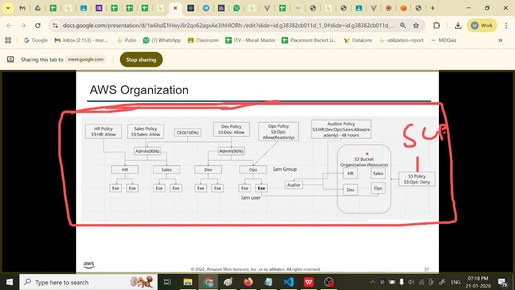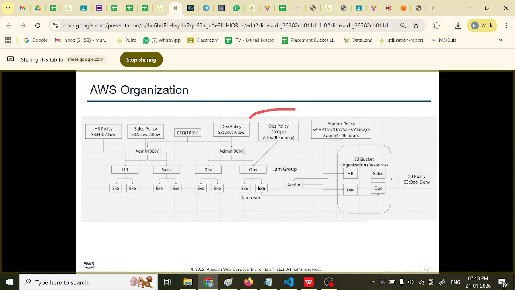That is, the S3 bucket has one more policy attached. You see, S3 ops, that is the ops team, cannot access. Access is denied. Now the ops policy is saying that ops is allowed. So allow is mentioned in the IAM policy, and in the service control policy, the S3 bucket is saying deny.